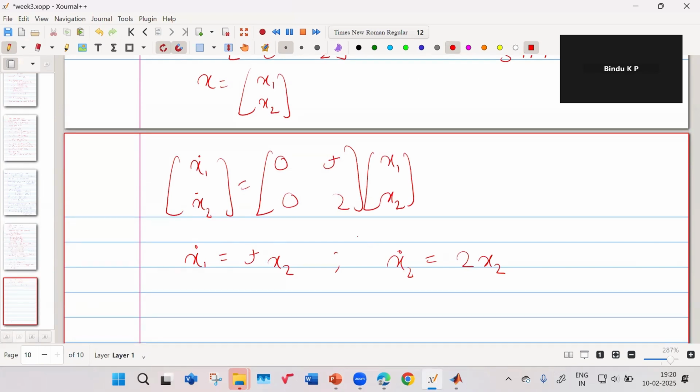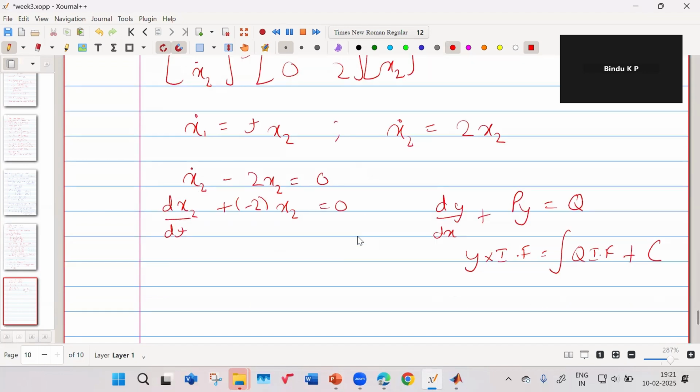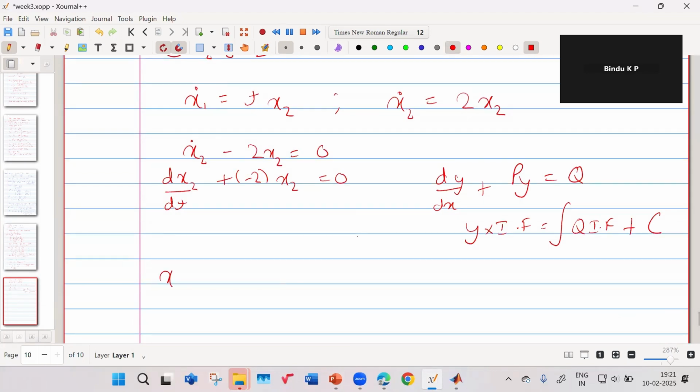We write x2 dot minus 2 x2 is equal to 0, that is dx2 by dt plus (minus 2) x2 is equal to 0. If you remember, we used to have equations like dy by dx plus Py is equal to Q, and y into the integrating factor is equal to the integration of Q into the integrating factor plus c, etc. So if we do that, our x2 into the integrating factor will be what?